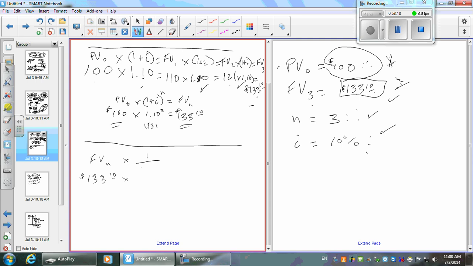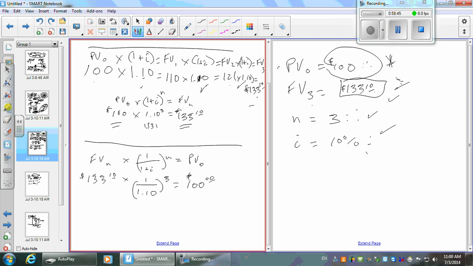I would divide by 1 plus the interest rate raised to that number of periods. So it'd be 1 over 1.10 in our case, right? 10% raised to the third. Everybody see it? Not a big deal, is it? Okay? And that would give me a present value at time 0. And I already know that's going to be 100 because I just calculated it the other direction.